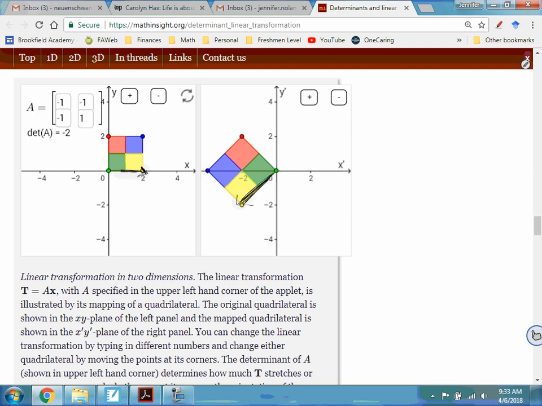Radical 2 over 2, negative radical 2 over 2, positive radical 2 over 2, radical 2 over 2. Okay, and then what was your last? That was the scalar. By what factor? 2 over radical 2, which is the same as radical 2.